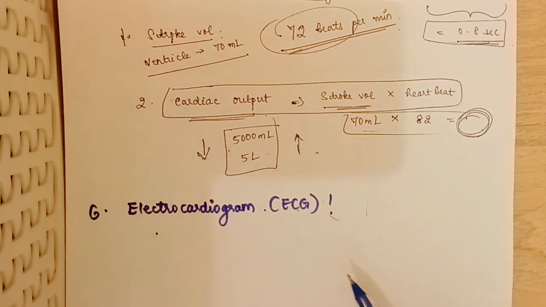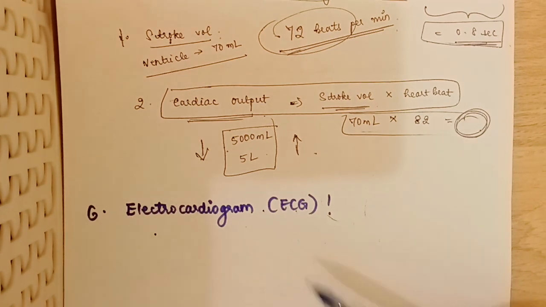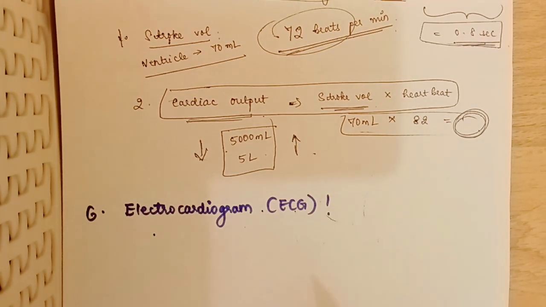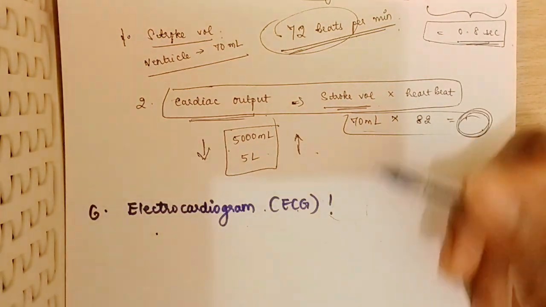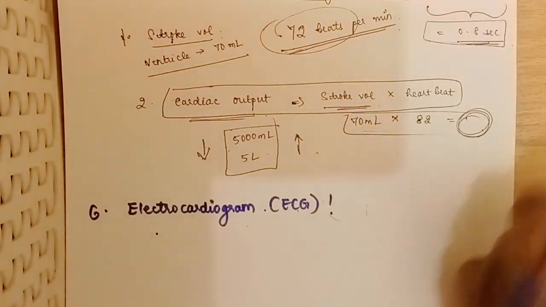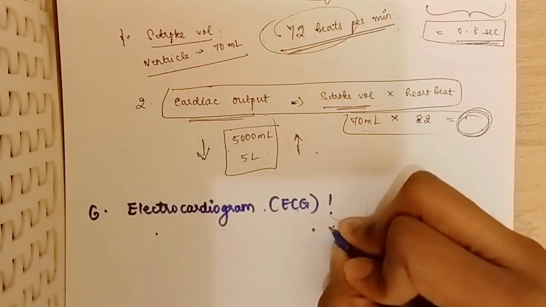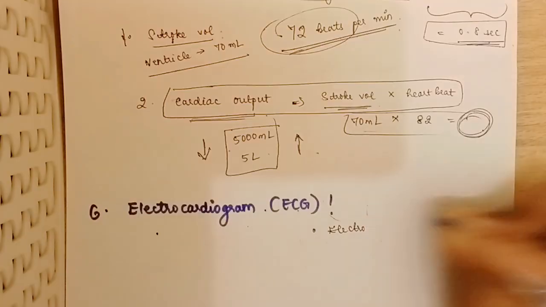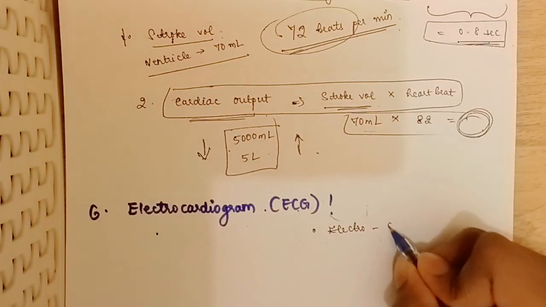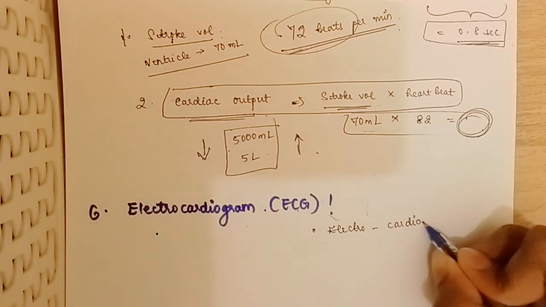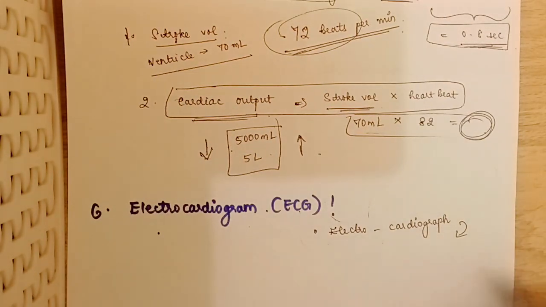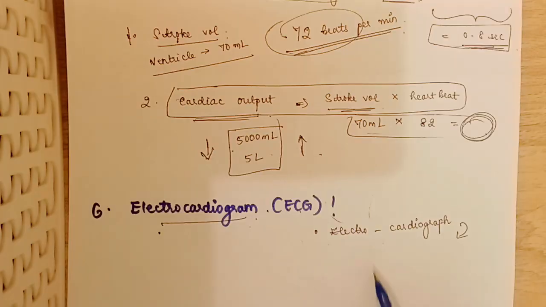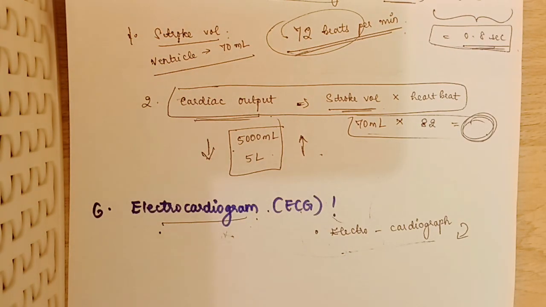There are two things that you need to know: the electrocardiograph and the electrocardiogram. The machine that gives out the sound beep beep beep is called the electrocardiograph. It is used for obtaining an electrocardiogram. So the electrocardiograph gives us an electrocardiogram.